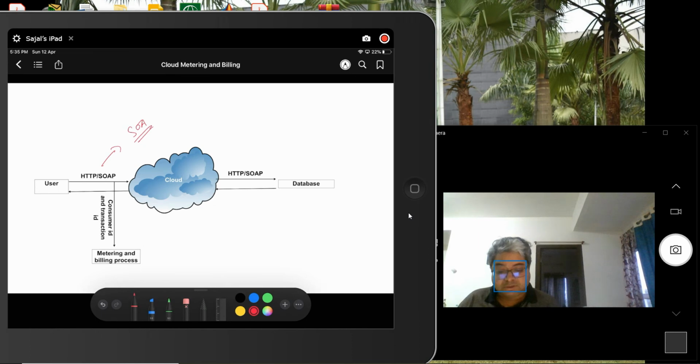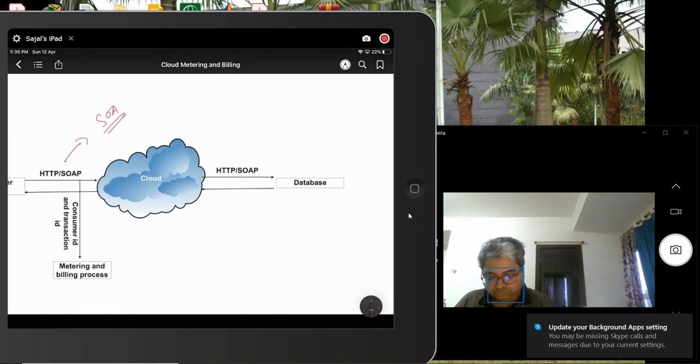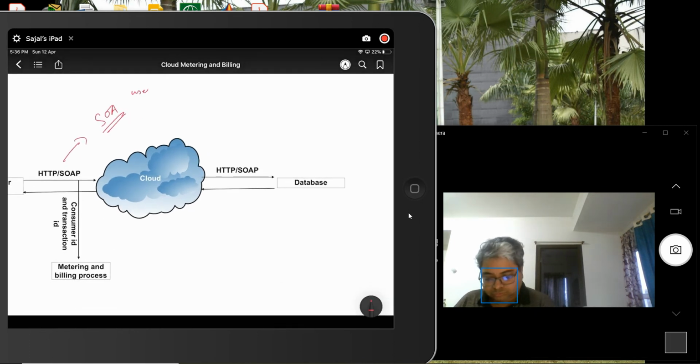Transaction means financial transaction, where the user makes a request to an e-commerce site for any purchase.